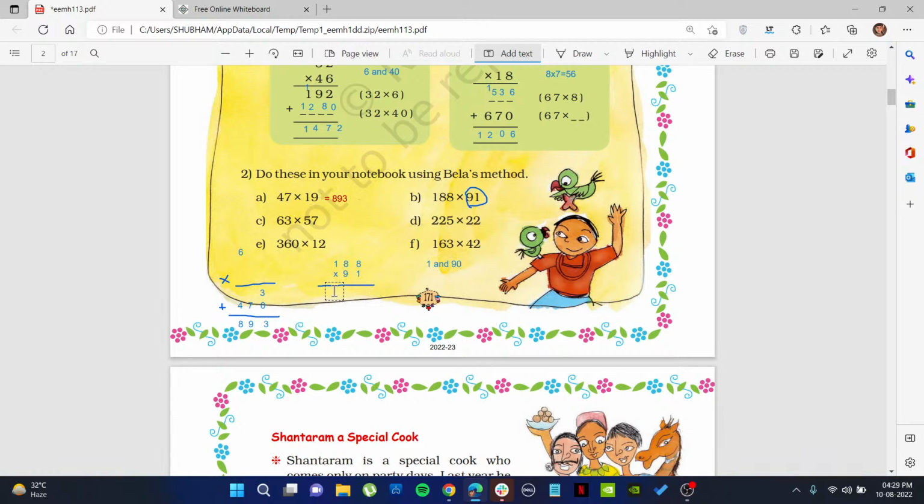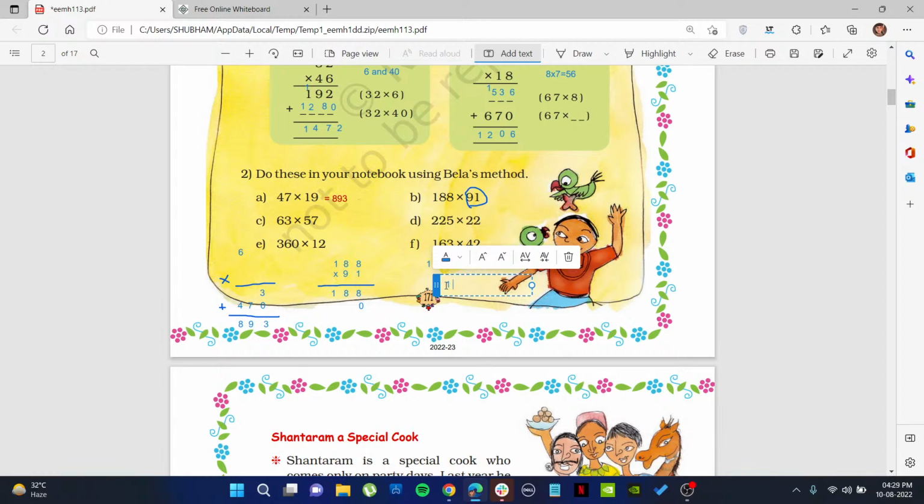So 188 times 1 gives us 188. Now we need to multiply it by 90. As we are multiplying it by 90, we can see that at the end of it there is a 0. So it means that for sure the last number here would be 0. So we have solved for the 0 part. Now let's solve for this 9 part. And how can we solve it?